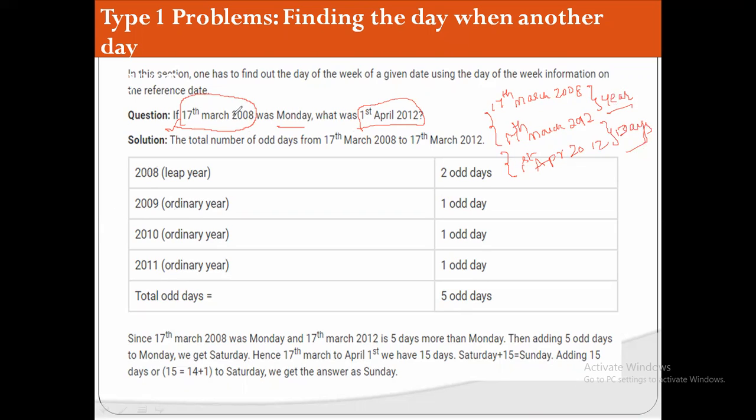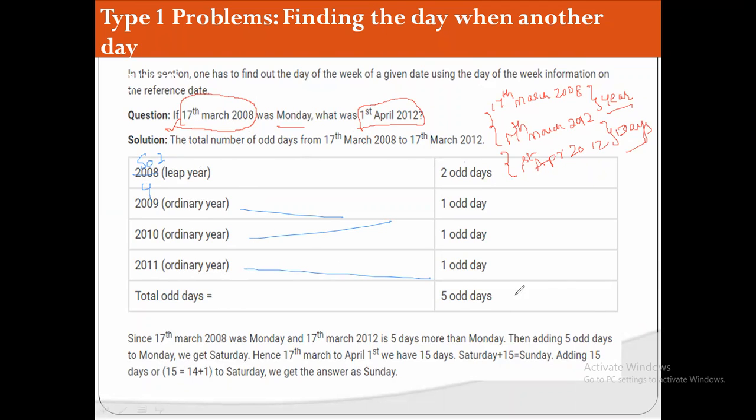Because the year 2012 is not completed, from 2008 up to 2011, how many odd days are there, we will calculate. 2008 is divisible by 4, so it is a leap year, and a leap year will have 2 odd days. 2009 will be 1 odd day, 2010 will be 1 odd day, 2011 will be 1 odd day.